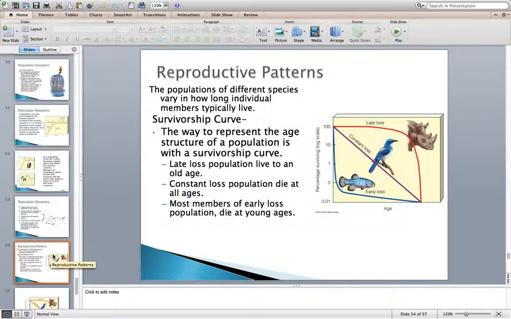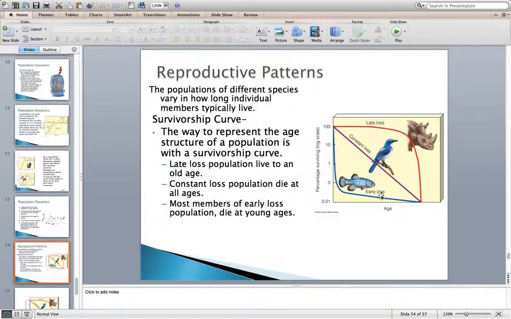Now let's look at reproductive patterns. When we look at reproductive patterns, it's pretty much the same thing as a survivorship curve, where this late loss can also be termed type 1. This constant loss can be termed type 2, and the early loss can be termed type 3.